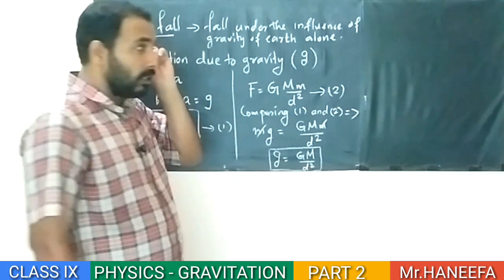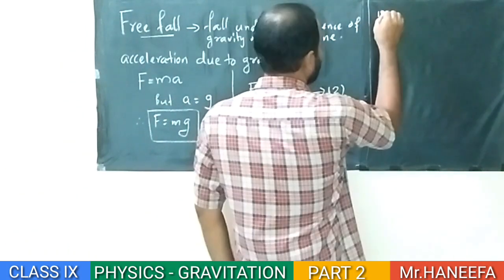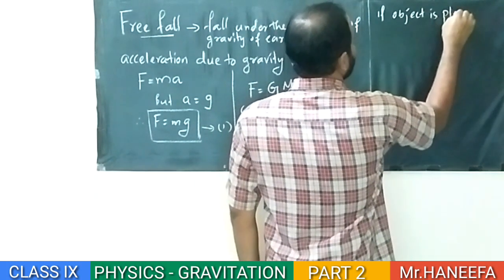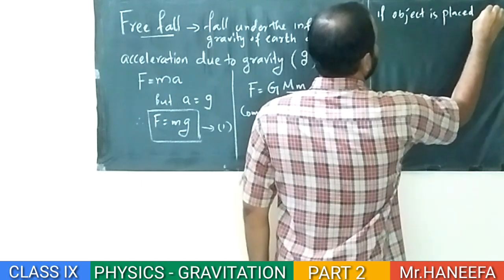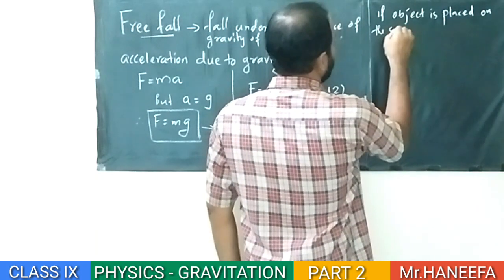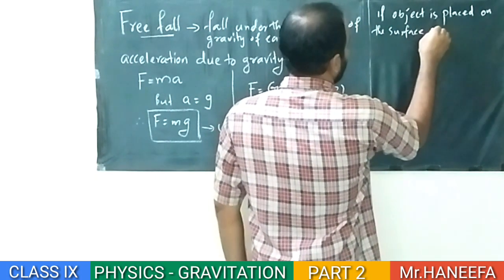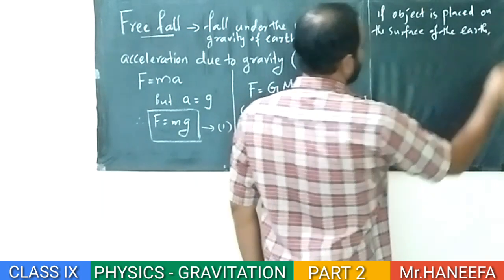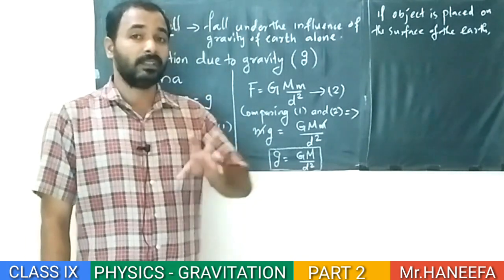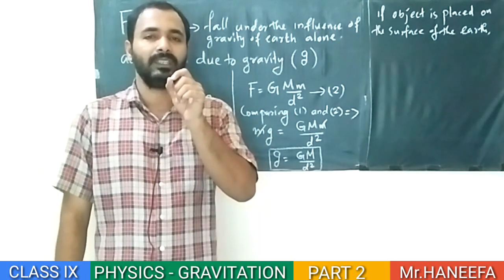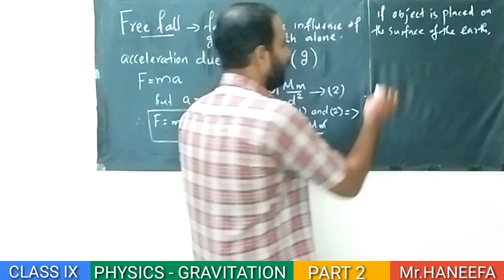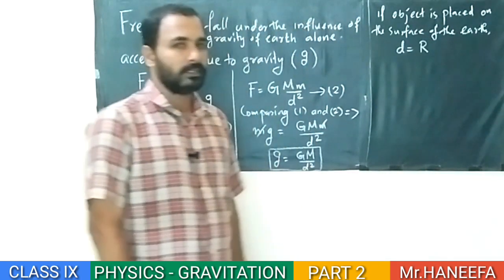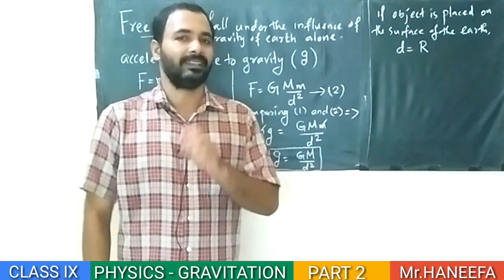Okay. If the object is placed on the surface of the earth, we can write d equal to R. R means radius of the earth.